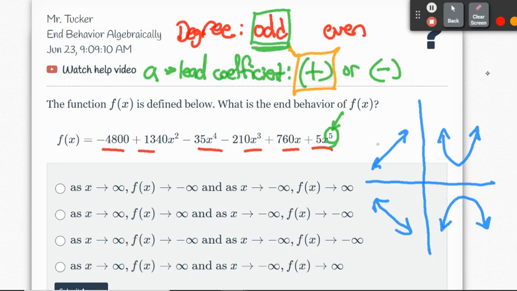So if you get a positive a value, you're up here above this horizontal line. If you get an odd degree, you're over here between these 2. If you get an even degree, you're over here among these 2.